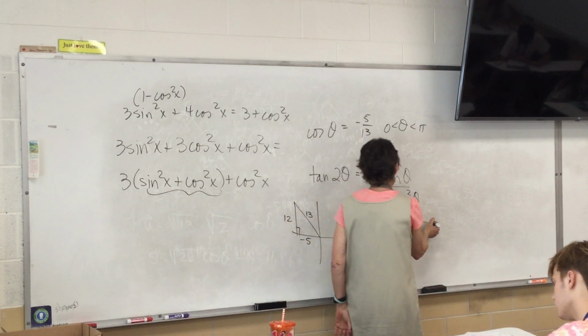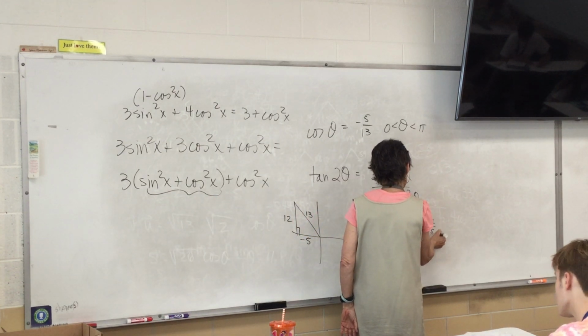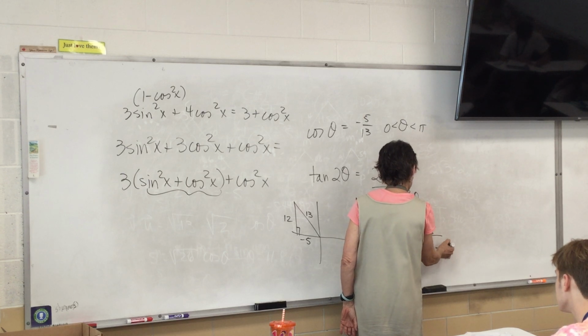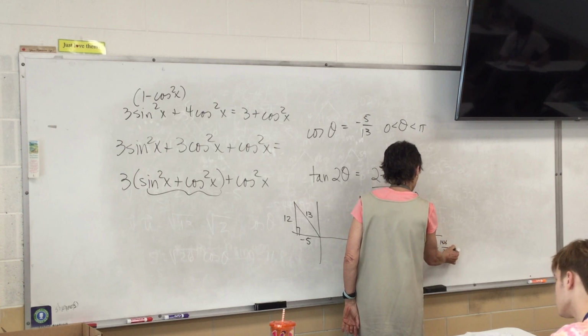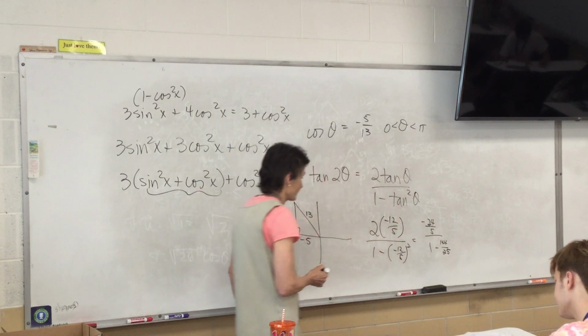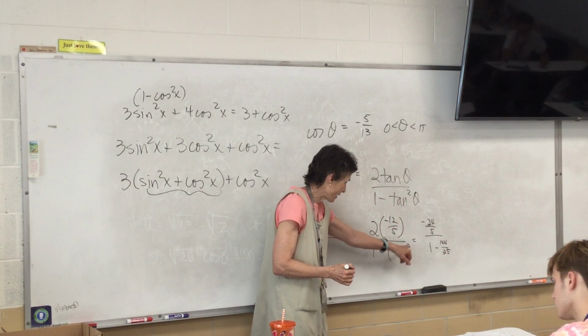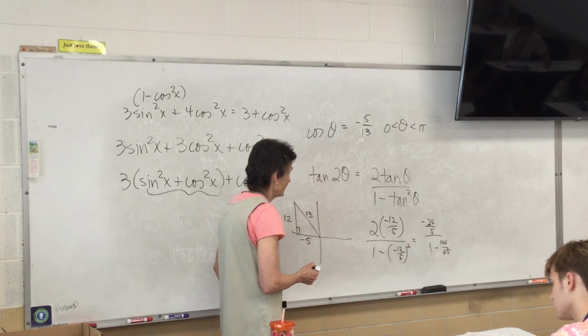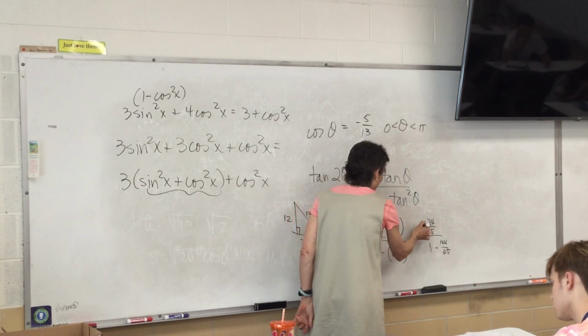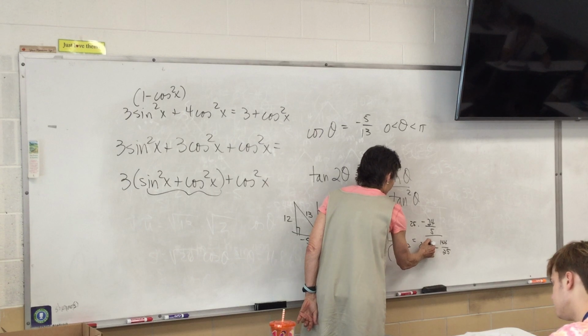So that's negative 24/5 over 1 minus 144/25. Don't cancel these negatives here, guys. They don't cancel. That one's getting squared out. You do this however you want. I'm gonna multiply it by 25.